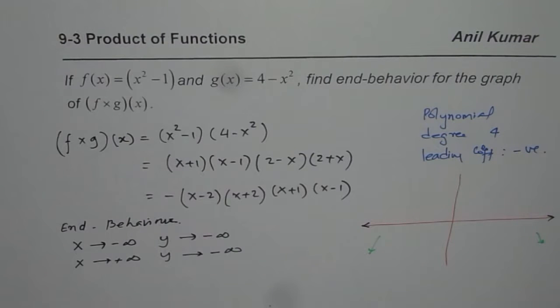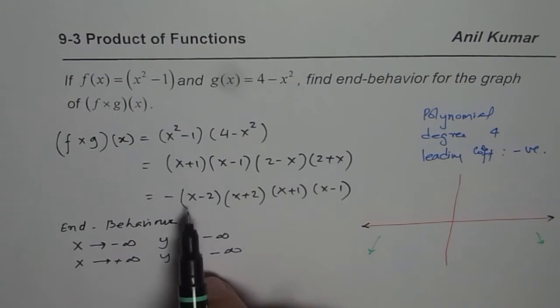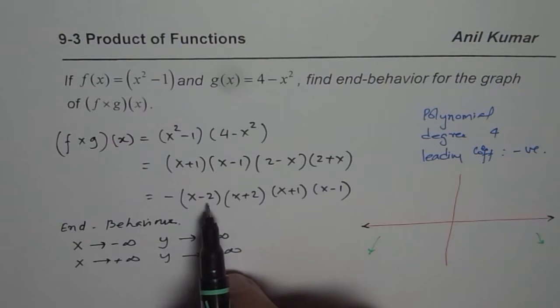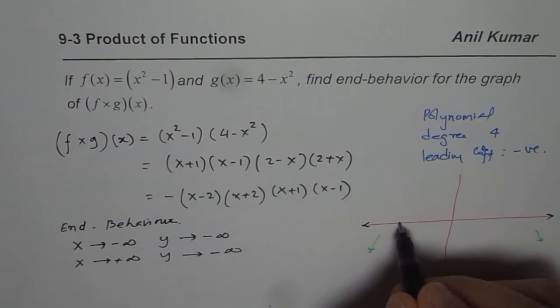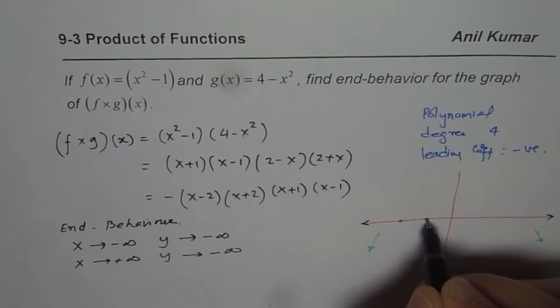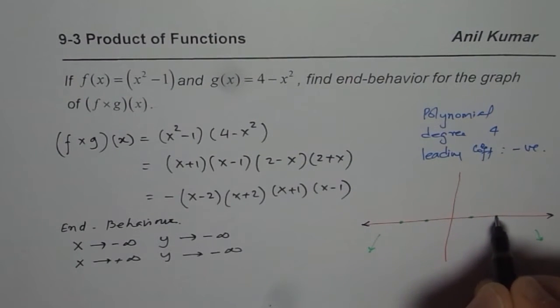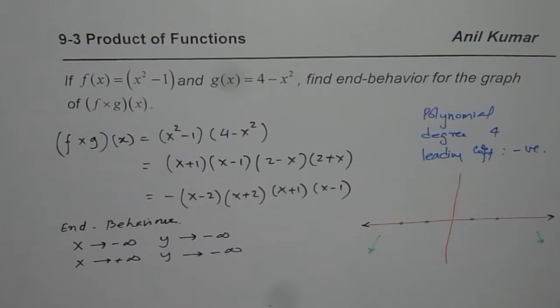So what you have here is a polynomial which has zeros at plus minus 1 and plus minus 2. Let's say that is the first zero, second zero, third zero and fourth zero, and all are linear zeros, right? That means the graph is going to cross the axis at those zeros, correct?